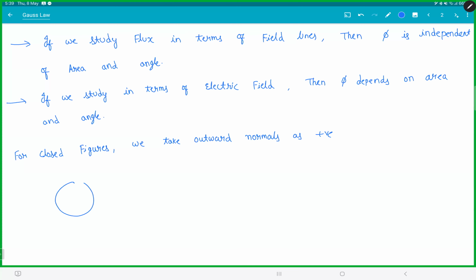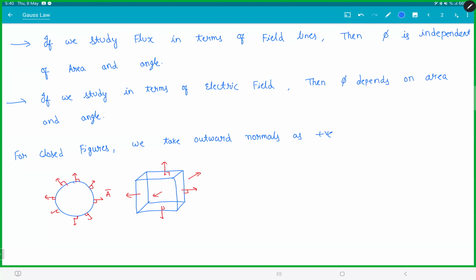So if you have a sphere or a cube, the area vector is along the normal. So for a cube, there are 6 faces, each with a perpendicular normal.